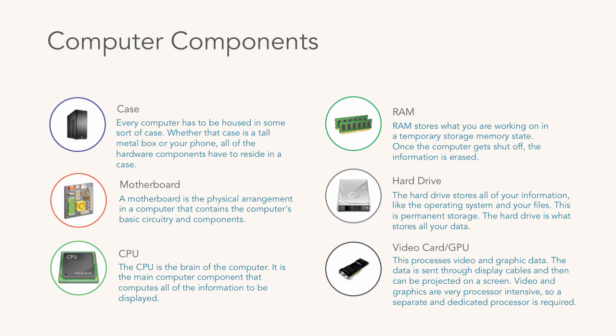So video cards have almost become computers unto themselves. They process the video and graphic data and they send it up through your display. But for all that processing, they have a separate processor, what's called a GPU, a graphics processing unit, as well as a bunch of extra memory to deal with the intense requirements that come from modern video games and other media programs such as video editing.